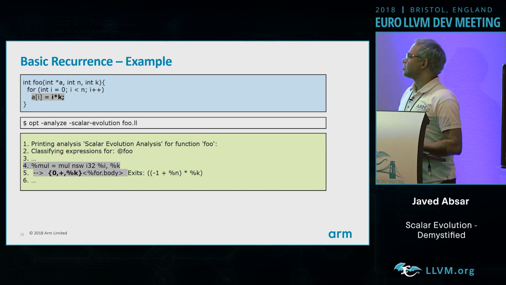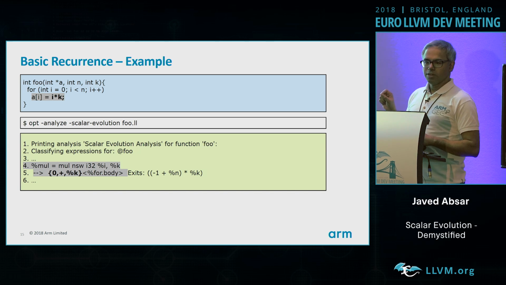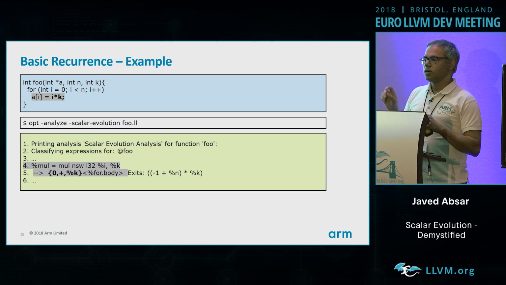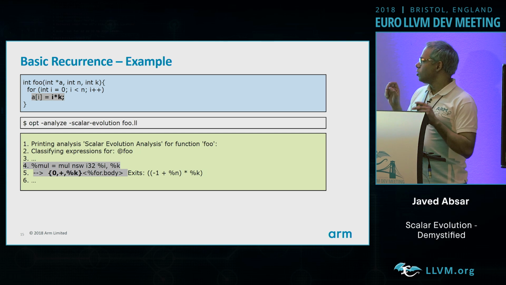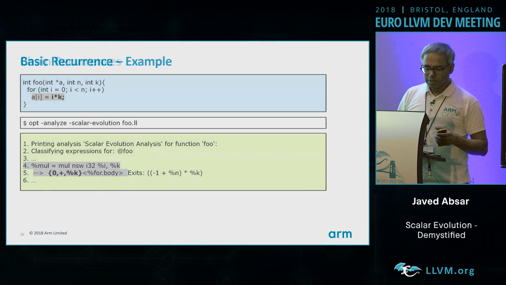And lo and behold, if you look at line 5, you really have {0, +, k}. So it has taken that expression i times k and analyzed it and converted it into an abstract form called a recurrence. And the recurrence for that expression i times k is {0, +, k}, right?